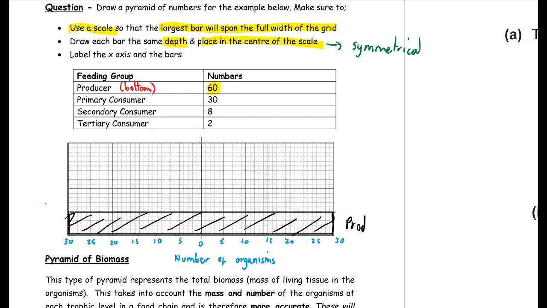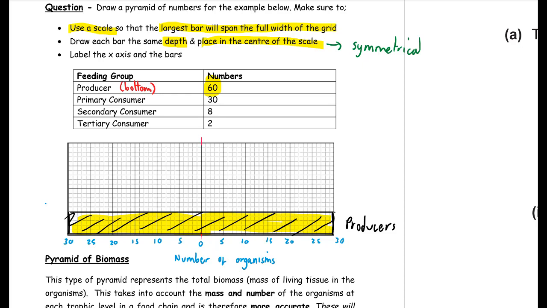So that's our producers. We have 30 individuals on this side of the center line and 30 individuals on this side. So altogether we have 60 producers.